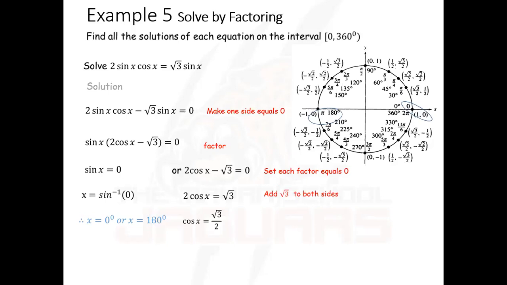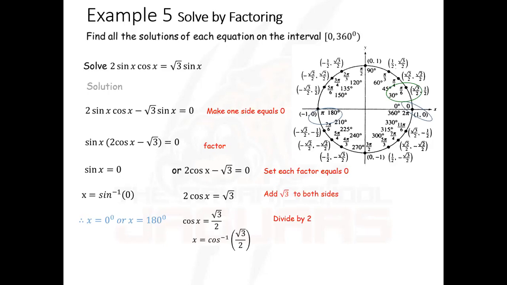So we need to find on the unit circle the x coordinates whose value is square root of 3 over 2 and the associated angle. The angle pi over 6 is associated with the pair whose x coordinate is square root of 3 over 2.